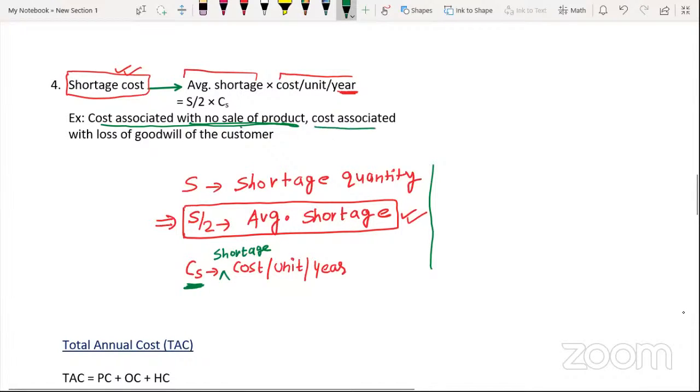And the second one is cost associated with loss of goodwill of the customer. It means that suppose there is a shop, and daily you are going to the shop and asking for some items, but the shopkeeper says that there is a shortage, and he tells you that he is going to get this item from another shop for you.